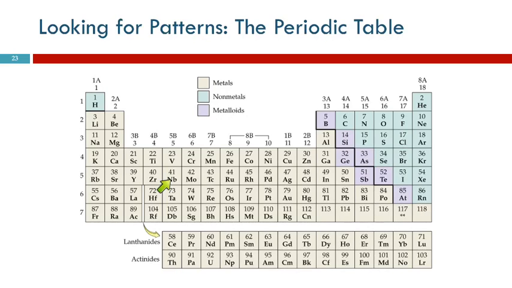Well, turns out it is. Vanadium's over here, so it's a metal. Selenium's up here. It means it's a nonmetal. Tellurium is a weird one right here, Te. That's a semi-metal or a metalloid. Okay? So we can identify what kind of an element it is by its position in the periodic table.